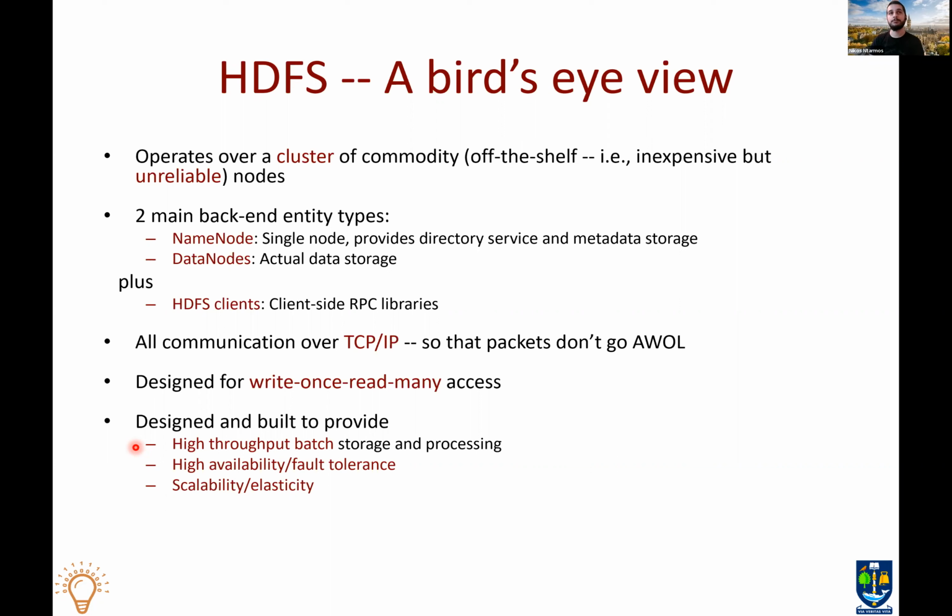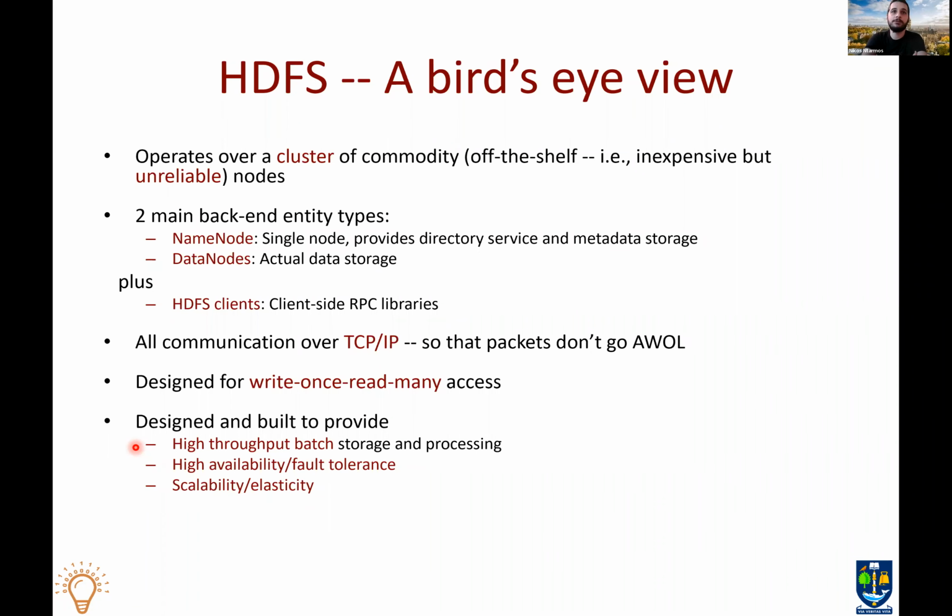HDFS has two main backend entity types. It has a name node and it has data nodes. The name node is this single mastermind that provides directory service and metadata storage. And the data nodes are where the data is actually stored.